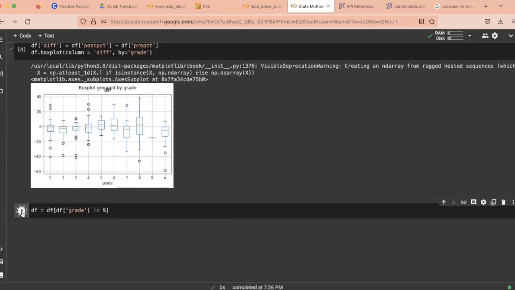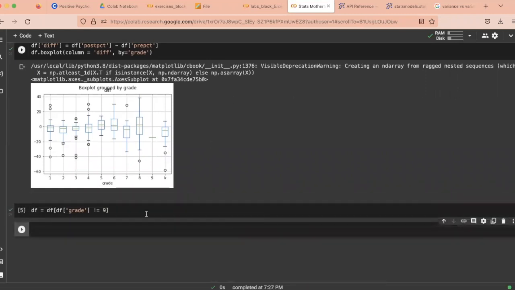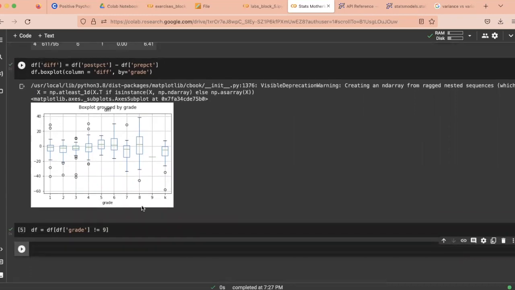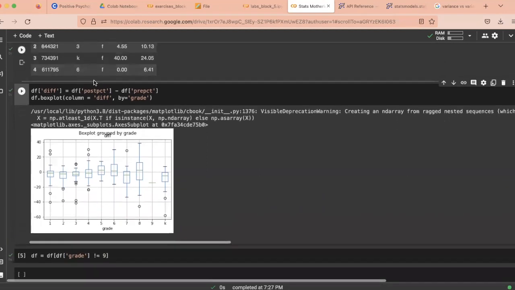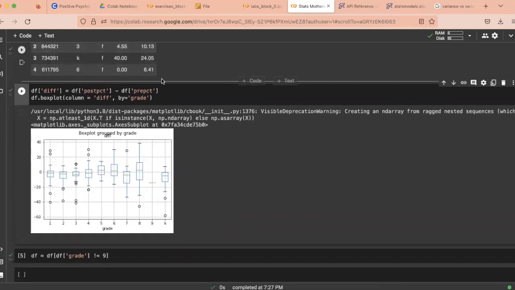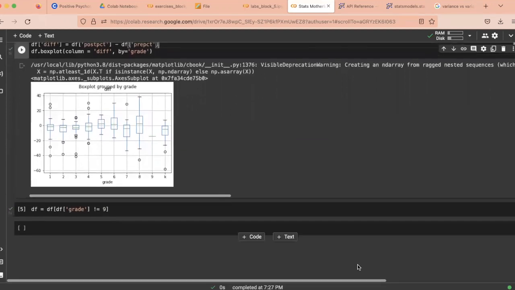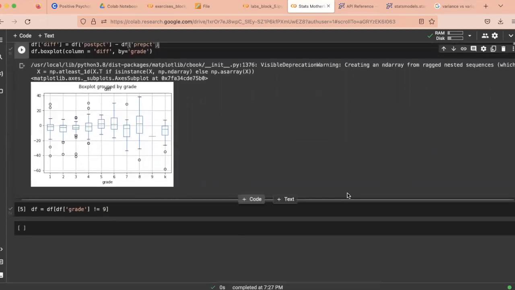We could have also done drop NA. I'm pretty sure that would have worked. But for all intents and purposes, let's keep it simple. Let's not deviate too much from what the teacher did. We are already deviating quite a bit using a different df_diff. So let's keep going and just know that we dropped column number 9 because there was nothing there.